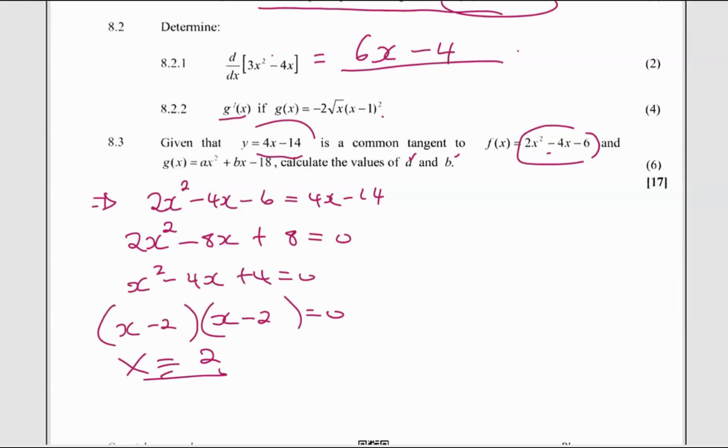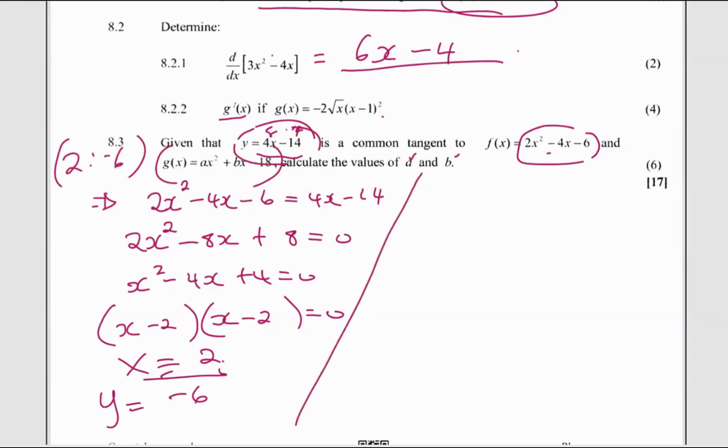When I substitute this into this graph, my y value is going to be 4 times 2, which is 8, minus 14, which is negative 6. So the point of intersection is 2 and negative 6. Okay. And then let me go down to this graph of g.